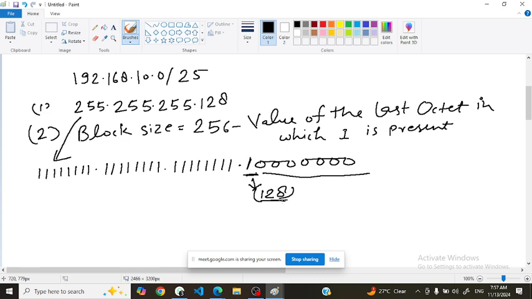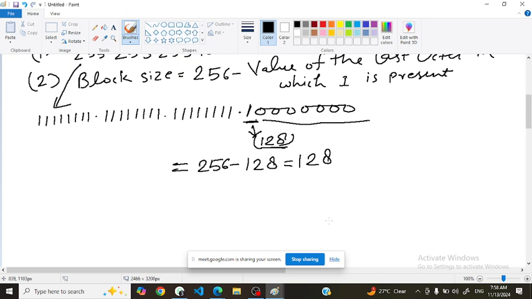It is clear for you, Abdul? Yes, clear. So 256 minus 128 equals 128. Is it clear for everyone how to calculate the block size? Yes, yes. Okay.